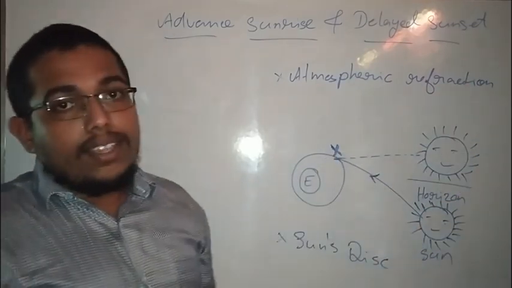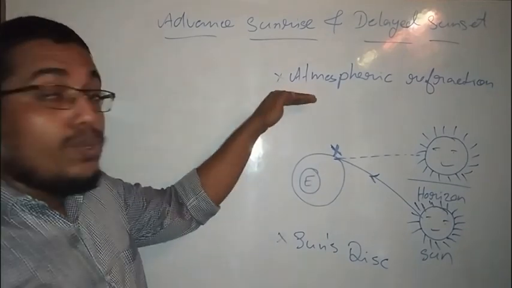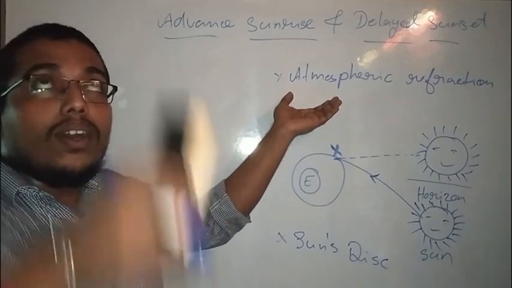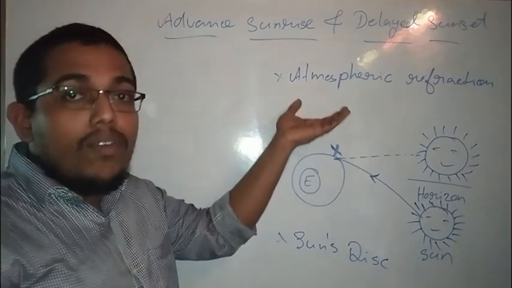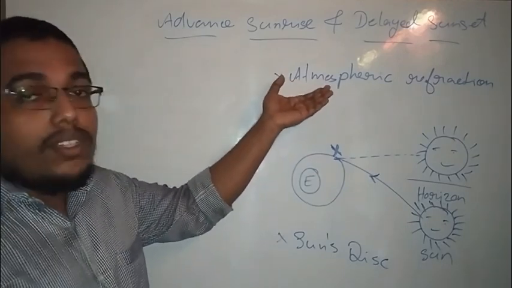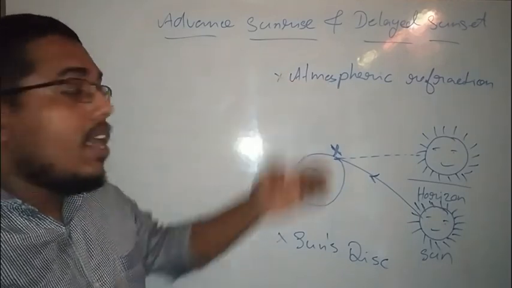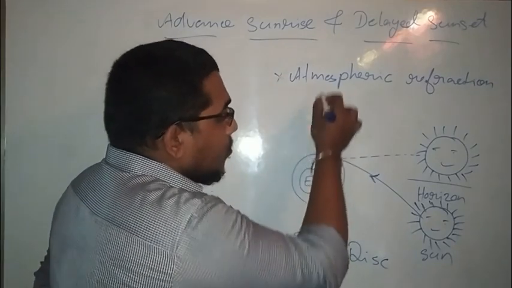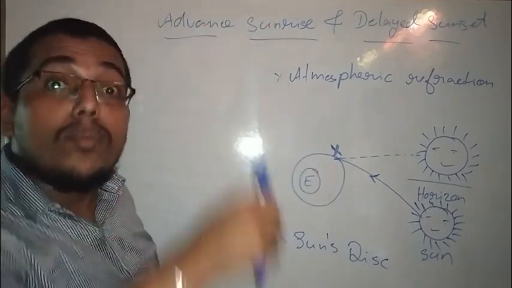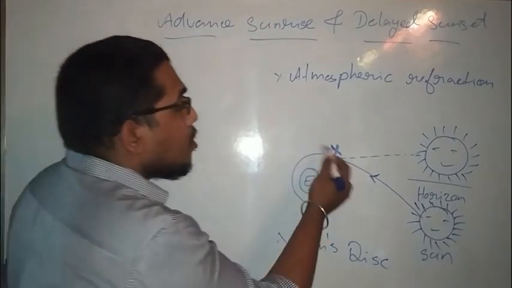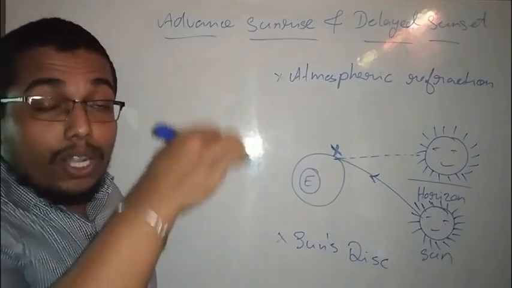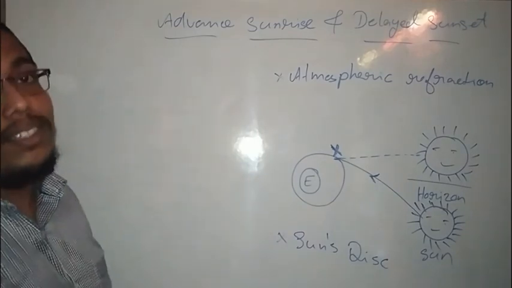But at noon time, the sun is just above, means sun is overhead, right? Exactly at this position, sun is at overhead. And at this position, almost all the rays are passing through the atmospheric layers normally. Therefore, at noon time, the sun appears circular in shape, exactly circular in shape.